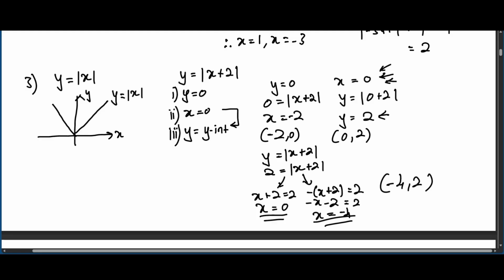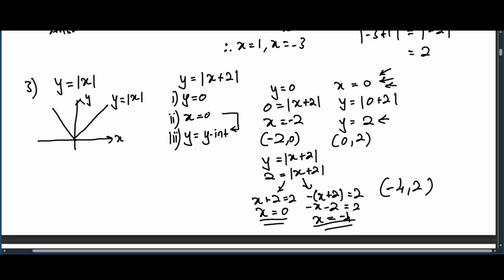So there we go. We have our 3 coordinates from our 3 steps. Now, how do we sketch the graph? All right. So now we just need to plot all of the coordinates onto the Cartesian plane. So looking at the coordinates, negative 2, negative 4, and 0 is on the negative side of the graph.